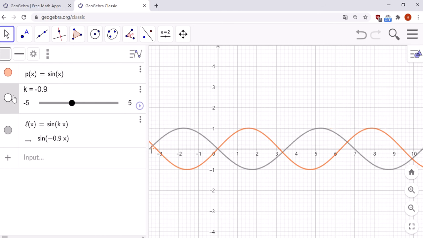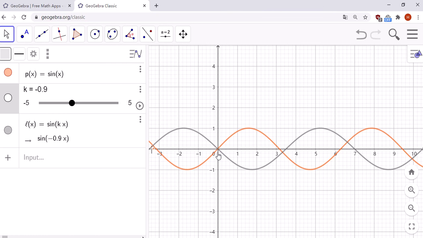Here k is negative 0.9, so this is a reflection. The reflection is by the y-axis. This green one is the parent function.